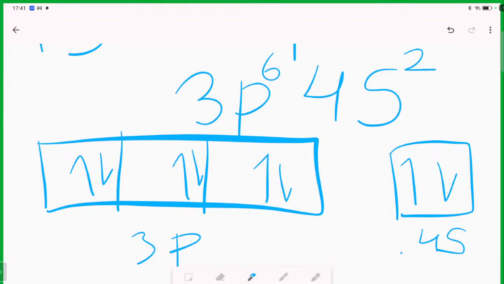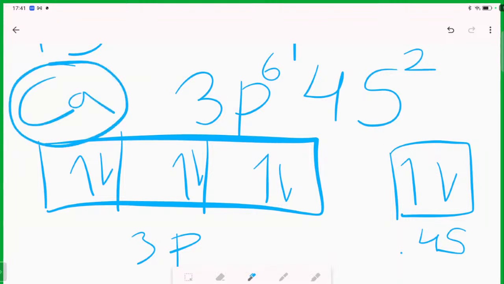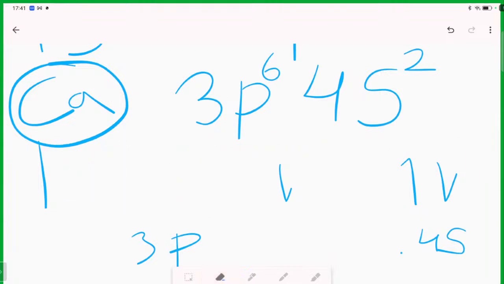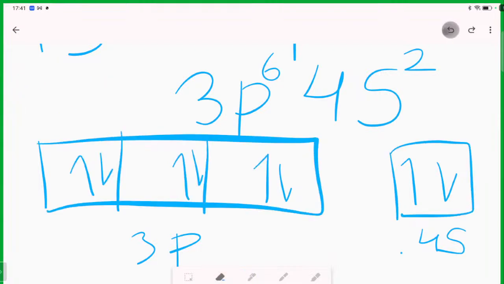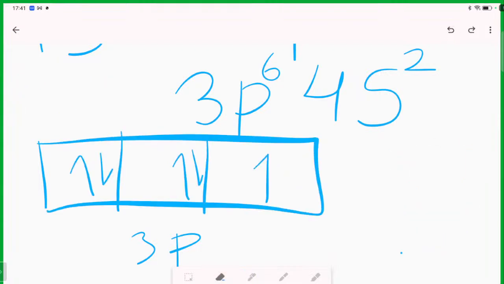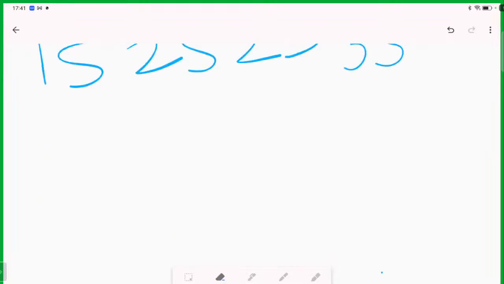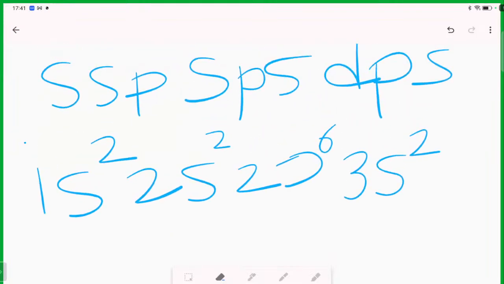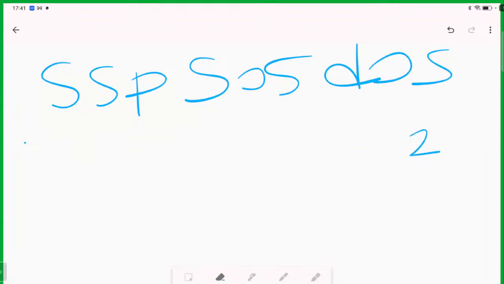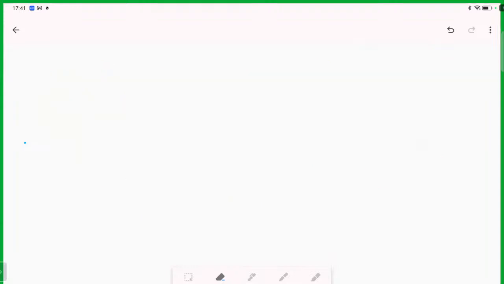So this is how we represent orbitals of calcium, if this is what is meant by the question. The major thing to understand in this is how we are filling: s, s, p, s, p, s, d, p, s. This is how we proceed in filling.